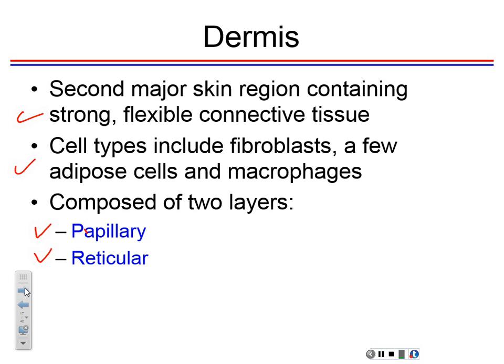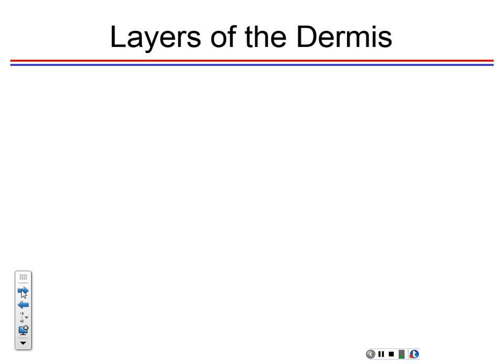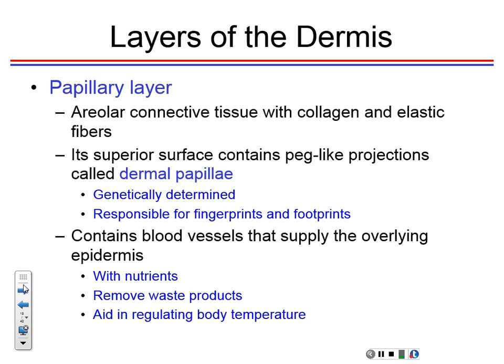And the reticular layer is the second, with connective tissue. The papillary layer kind of goes into and out of. It has ridges. That's why it's called the papillary layer, because of the dermal papillae that go into and out of the epidermis. So they make those ridges which then form the fingerprints.